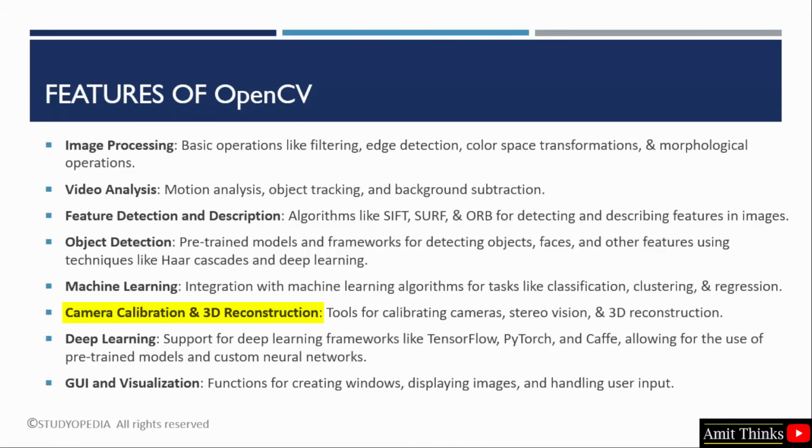Access tools for camera calibration, stereo vision, and 3D reconstruction to build accurate spatial models and depth perception systems. Deep learning. Seamless integration with popular frameworks like TensorFlow and PyTorch, enabling the use of pre-trained models or custom neural networks for advanced vision applications.